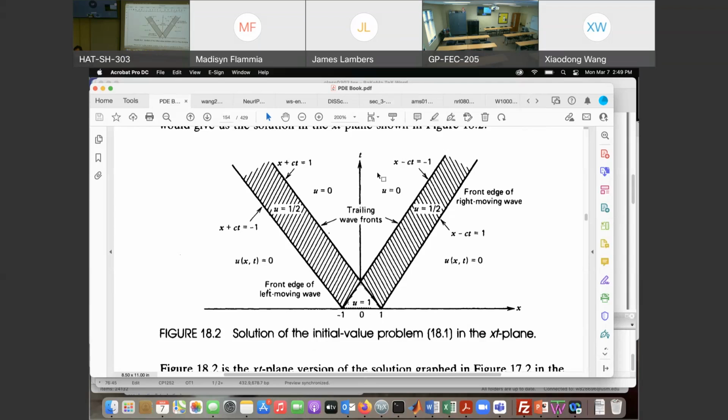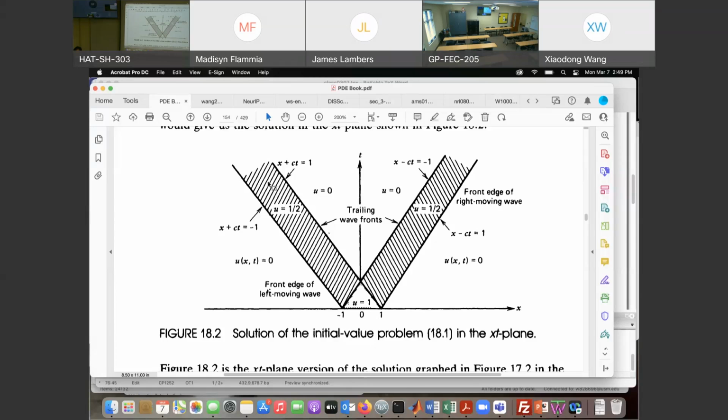So suppose I pick a point xt, let's say in this region right here. Then, to find out what the value of the solution is, I'm going to travel along a line with this slope that's parallel to these lines that you see here, that corresponds to x plus ct equal to a constant.